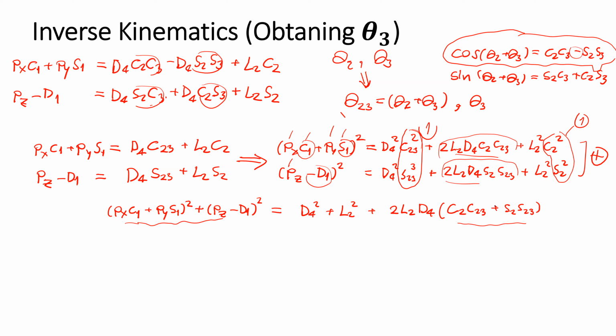This is the cosine of the angle difference. This one is cosine of theta 2 plus theta 3, subtract by theta 2, which means this one is just cosine of theta 3.